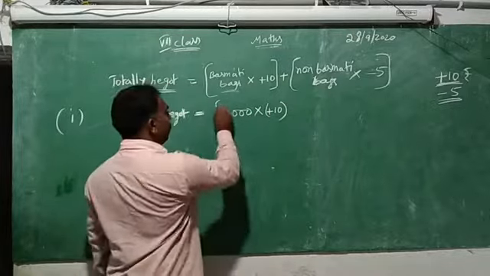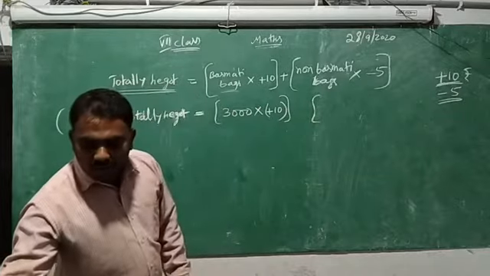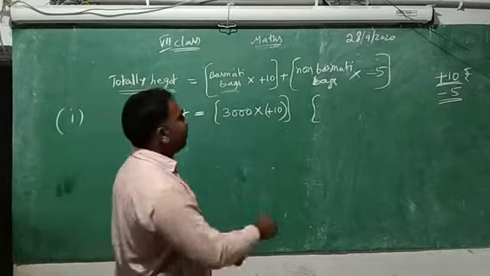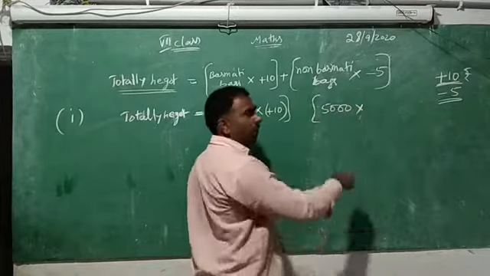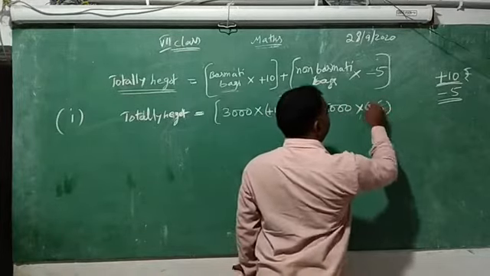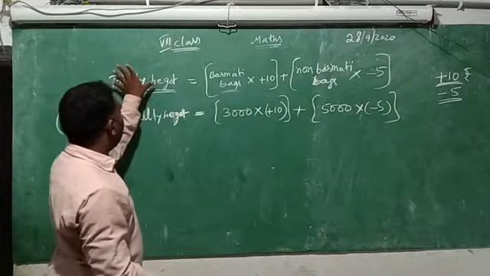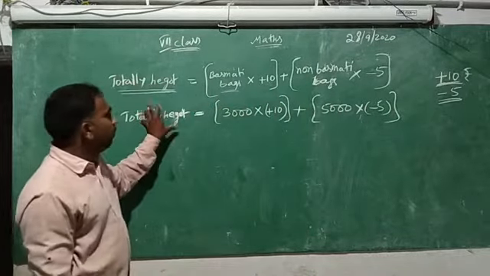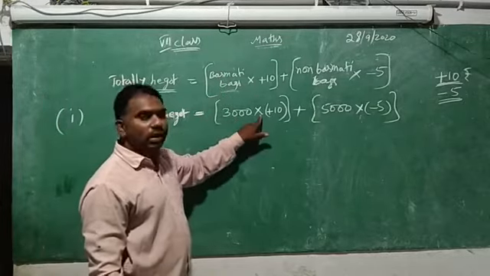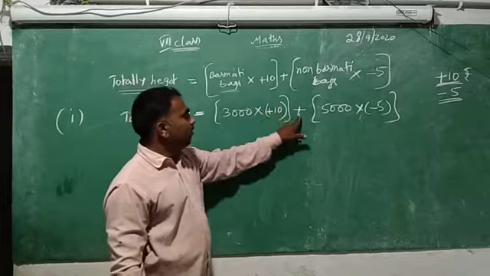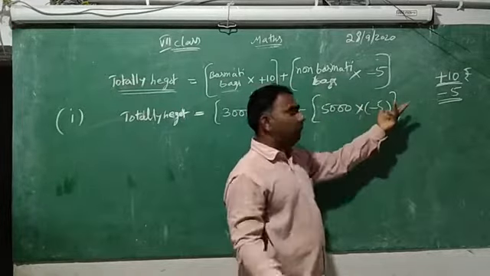That is one. The other business is non-basmati rice bags. How many are there? 5,000 into minus 5. The formula is already created, you only write it. I want to find the total he got: basmati rice bags 3,000 into plus 10, plus non-basmati rice bags 5,000 into minus 5.